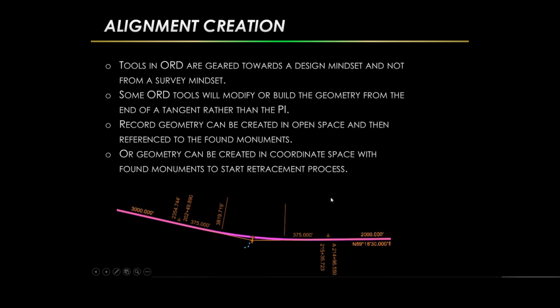The other main method is you can build the geometry in the coordinate correct space right along with the found monuments and start your retracement process. And I think that just comes with experience. How well are the monuments in your area fitting with what the records on the map are?